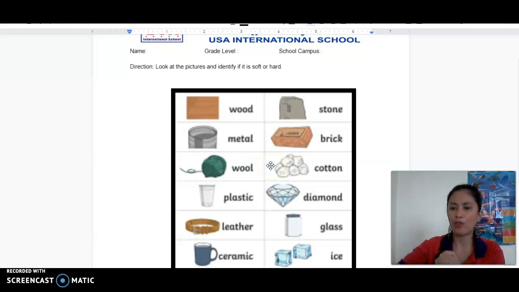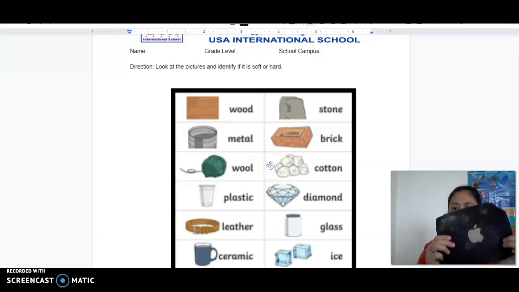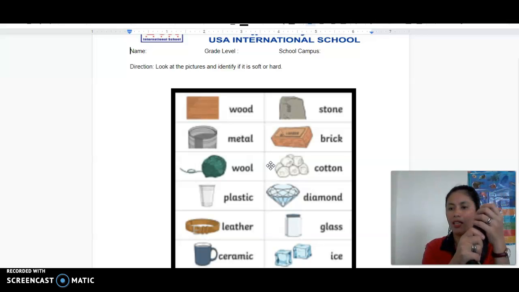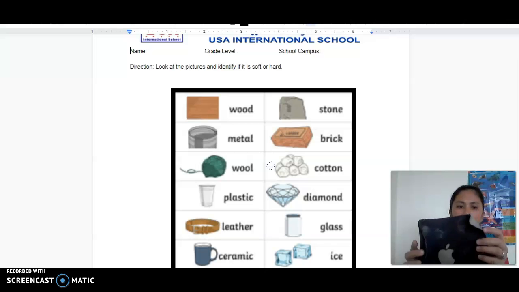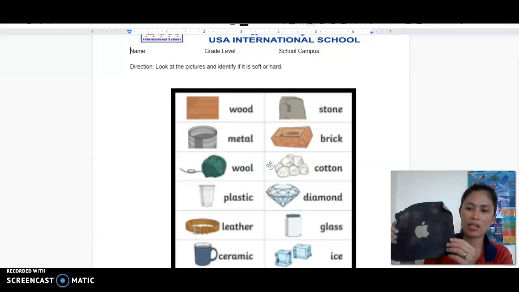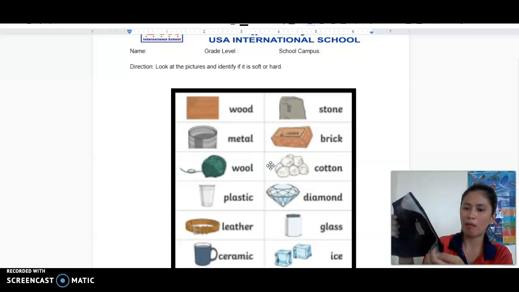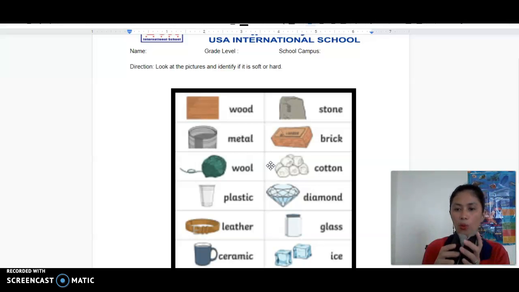This is my mouse pad, right? What do you think? Is this hard or soft? It is soft, right? The material used to make this is fabric, and at the back is rubber. So we can conclude that rubber and fabric are soft.